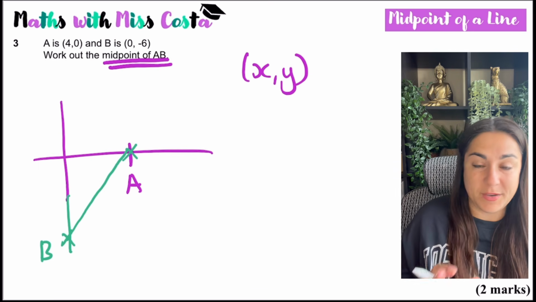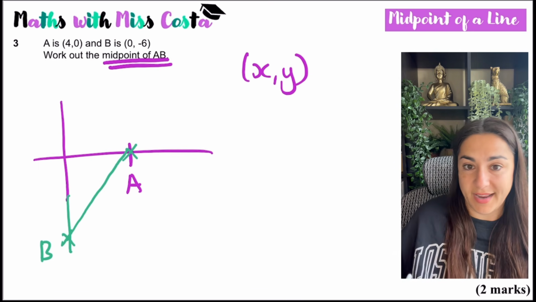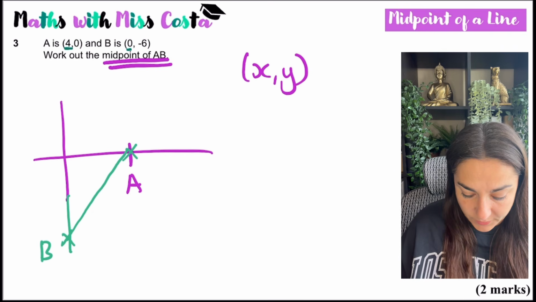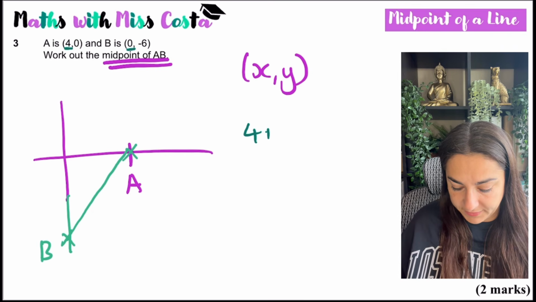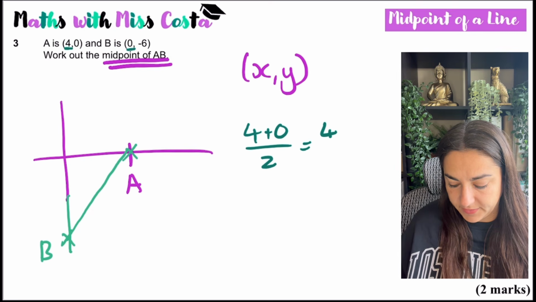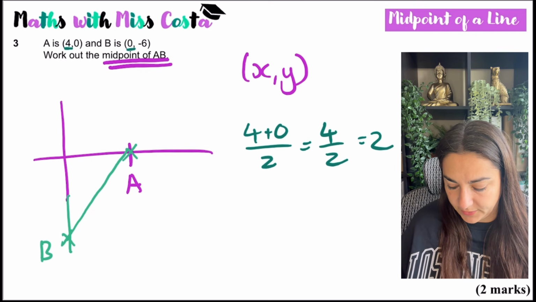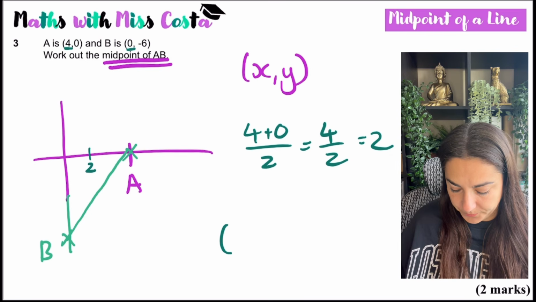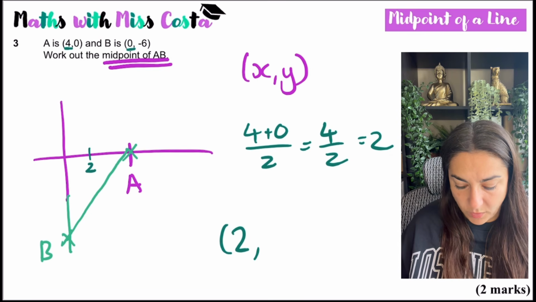So to work out the midpoint or the middle of any two numbers, you always add them together and then divide by 2. So we do that with our X coordinates first. 4 plus 0 divided by 2 is 4 over 2, which is 2. So the midpoint's X value is going to be 2. And for Y, we do 0 plus -6.